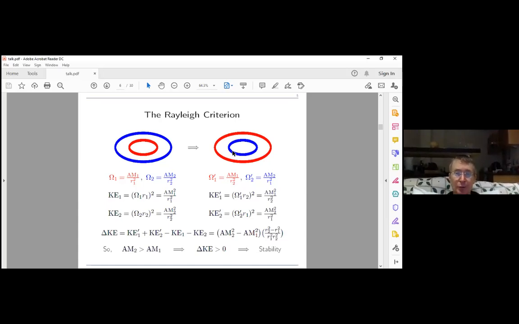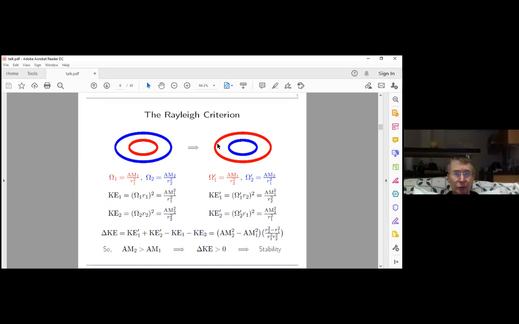Globally, of course, angular momentum is always conserved, but you would have angular momentum conserved locally, because the only forces that act in this sort of interchange would be pressure gradient forces.